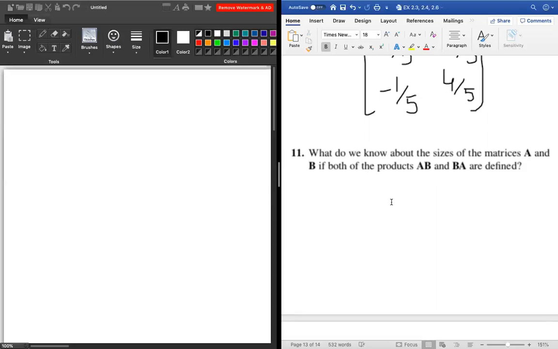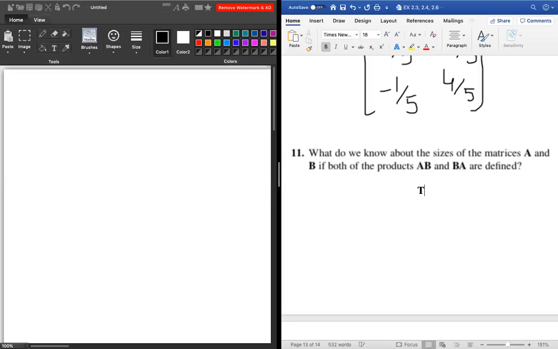On question number 11, we are asked to make a deduction about what we know about the size of the matrices A and B if both of the products AB and BA are defined. That is, their product is equal to something.